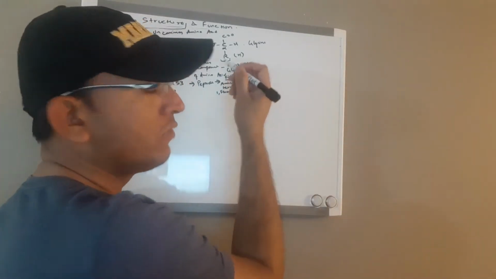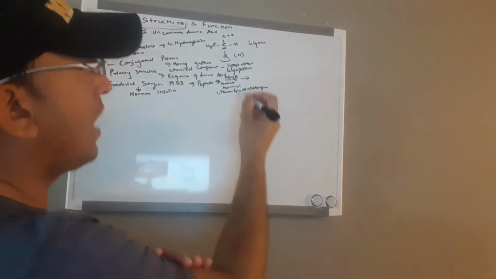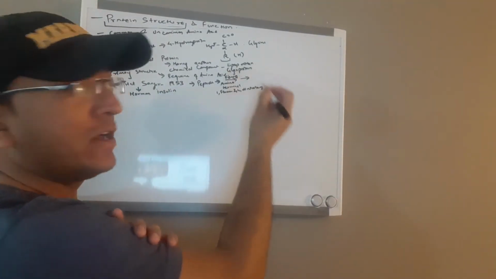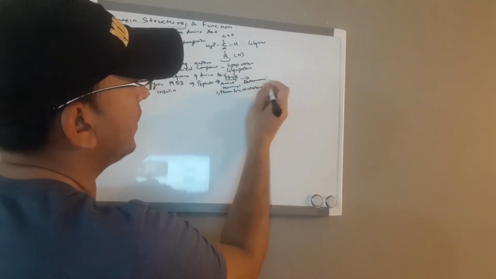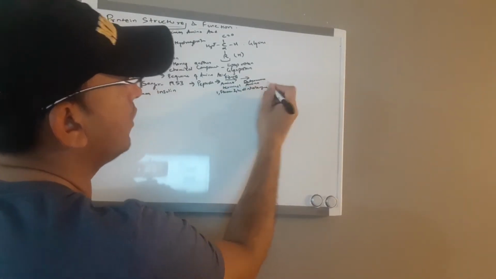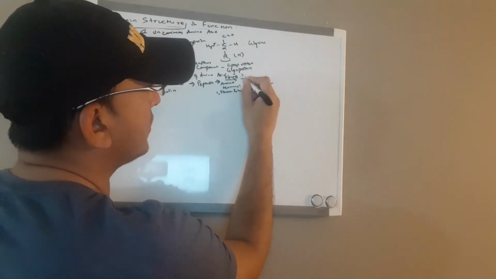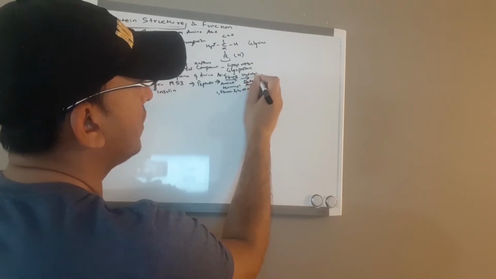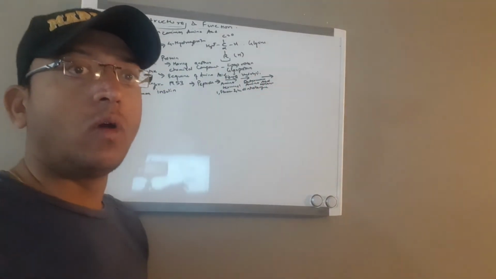So after determining, for example, that there is a glycine on the amino terminal, they will determine the amino acid content by hydrolysis. All right, after that what will happen?